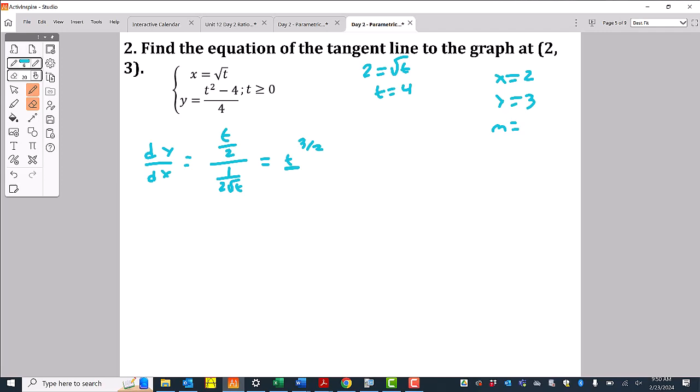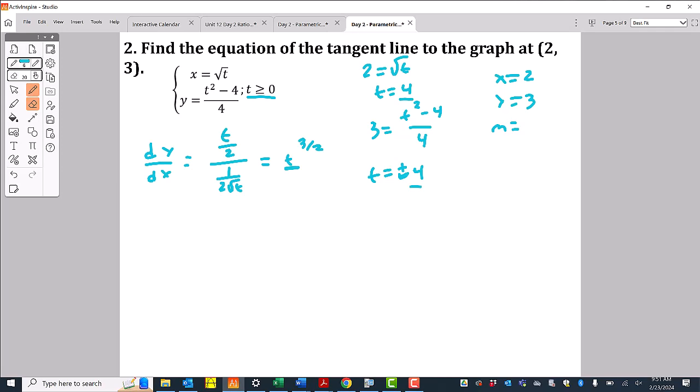More than likely, that's going to be our answer, but let's check the other one. We have 3 is equal to t squared minus 4 over 4. After some simplification, we get t equals plus or minus 4. And it says t has to be greater than 0, so it's only going to be positive 4. So t equals 4 is what matches. That's our t when this is the coordinate point we're looking for. And so we can find the slope at that.